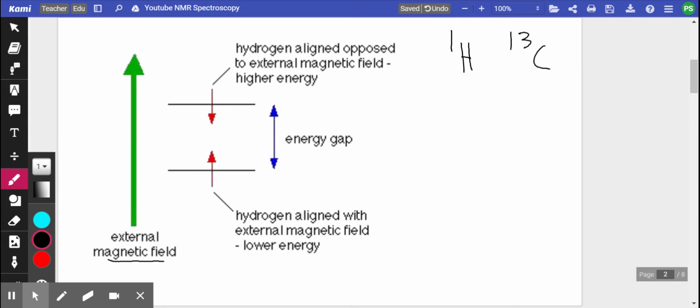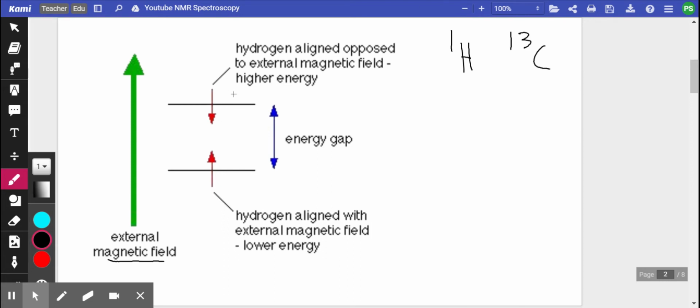Now, these tiny magnets can align with an external magnetic field, which is this green arrow. Our tiny magnet, this red arrow, let's say it's hydrogen. The lowest energy state is if you apply a magnetic field, it aligns with the magnetic field. However, using radio waves, which is the lowest energy wave in our electromagnetic spectrum, we can cause it to flip, to align opposite to the magnetic field.